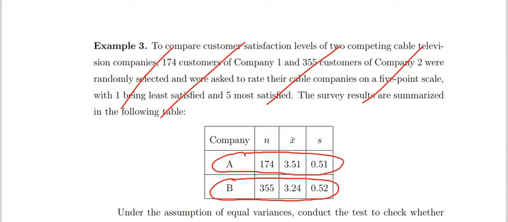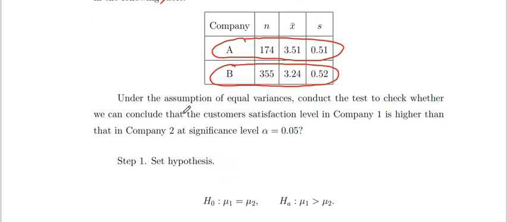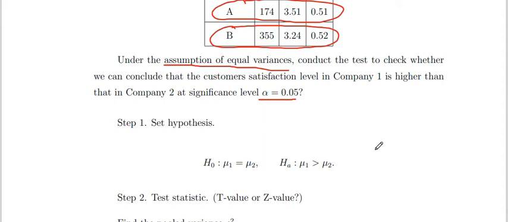Then we want to compare, like this is bigger than this. Here, under the assumption of equal variances, we want to test whether the customer certification level in company A is higher than that in company B. All this story is quite the same.